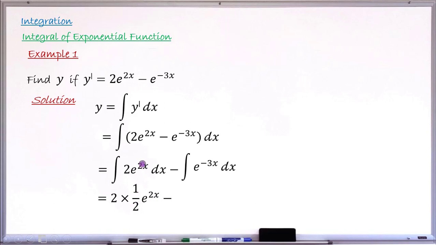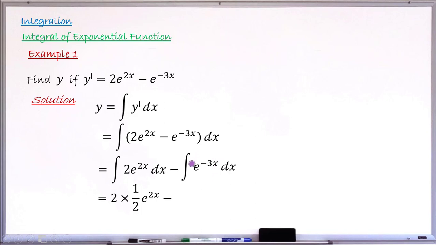Because the coefficient of x in the exponential term is 2. The rule says if you have e raised to ax, the integral of e raised to ax will be 1 over a. In this case, your a is 2, so you have 1 over 2 times that exponential term, e raised to 2x. Then minus, I just copied it. I will not write plus c because I have another integration to do. After I do that one, I can add the constant c.